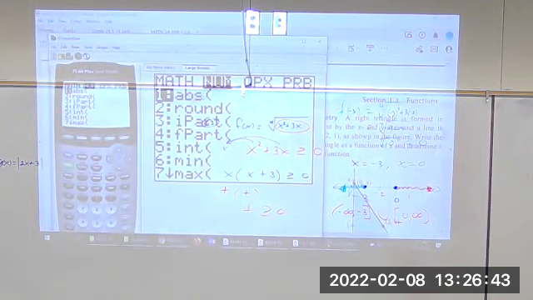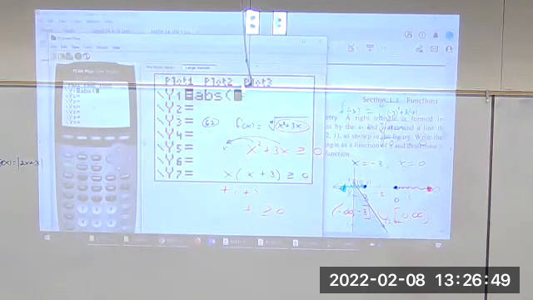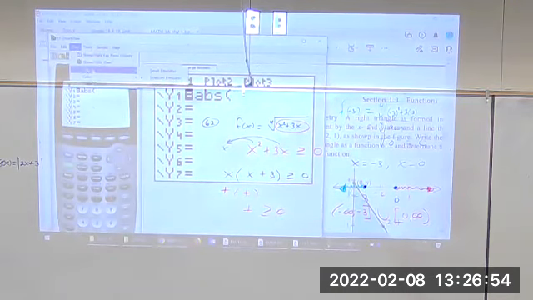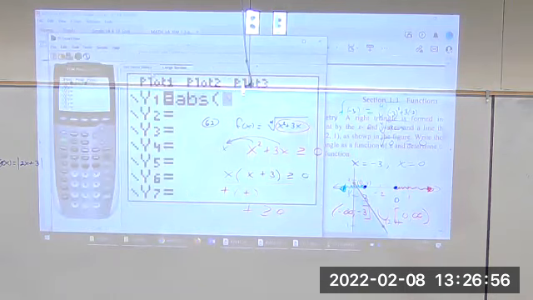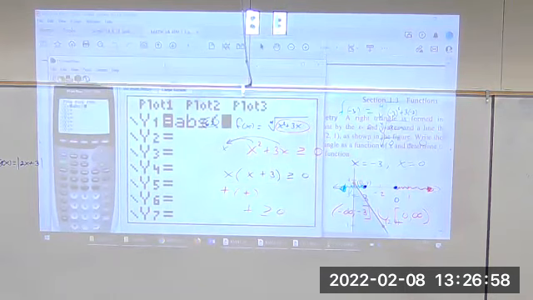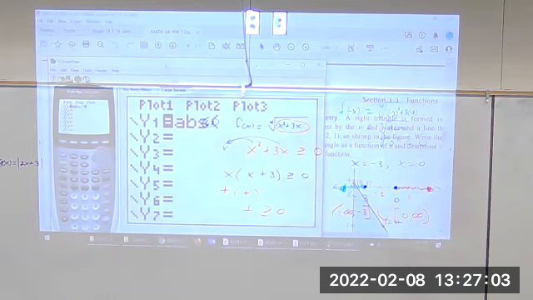ABS stands for absolute value. So it's the first one on the number functions. All right. Absolute value 2x plus 3.